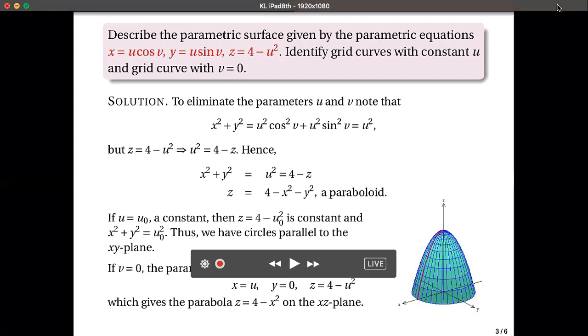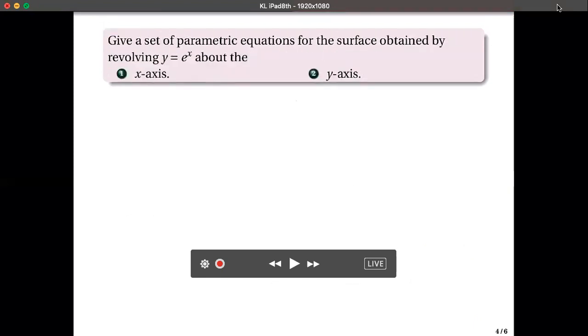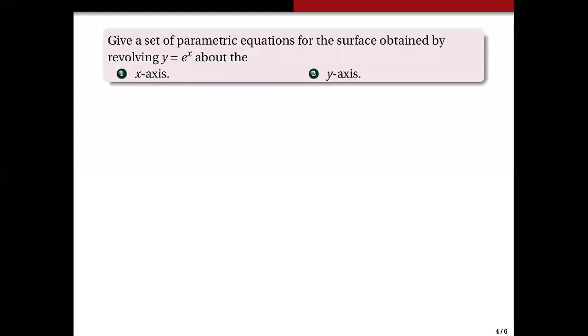Next problem. This time, we want to give a set of parametric equations for the surface obtained by revolving y equals e to the x about, first, the x-axis, and then the y-axis.